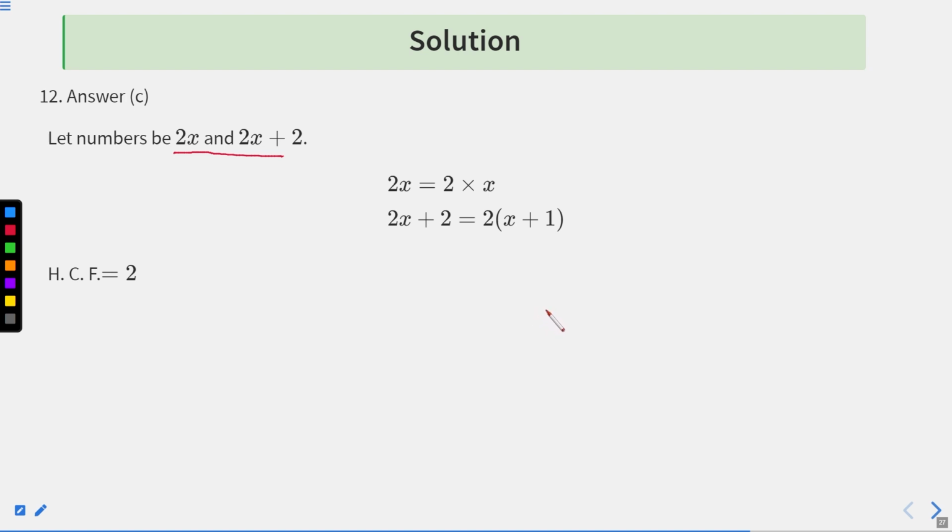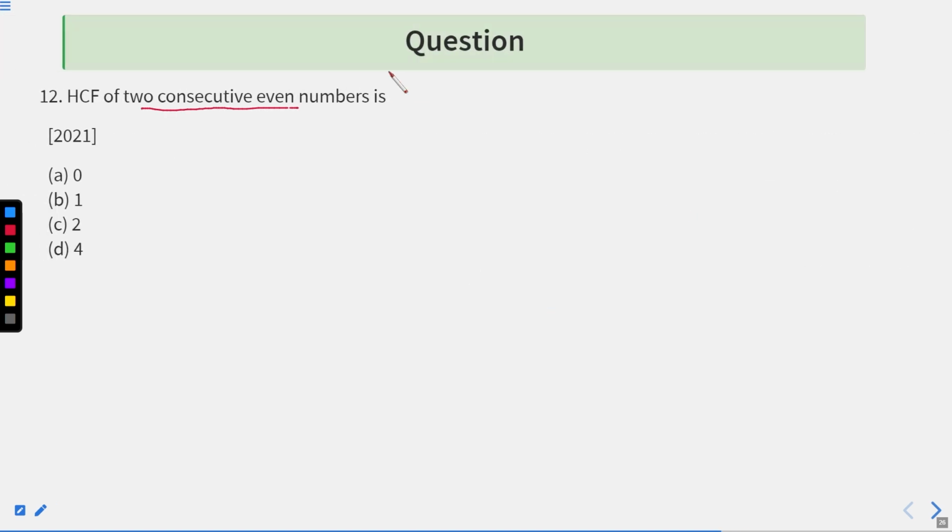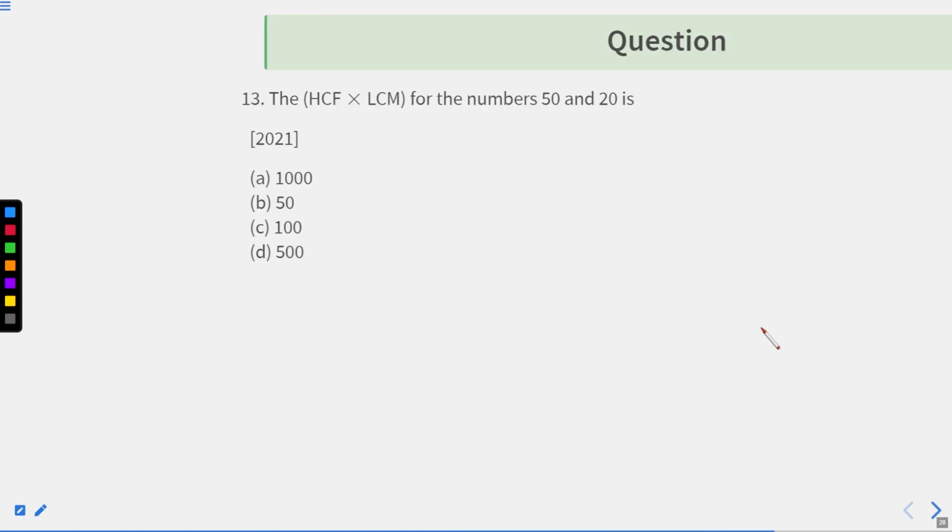So the HCF of 2x, 2x plus 2 is equal to 2. So HCF of two consecutive even numbers is 2. Here option C is the correct option. I hope you got it. Now let us move to next question.